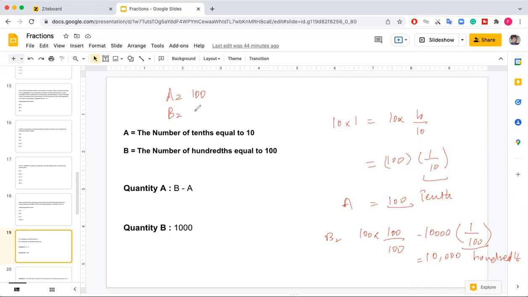And B is equal to what? 10,000. So what will be B minus A? 9,900, right? And B is 10,000. So which value is greater? B is greater. So everyone, did you get this?